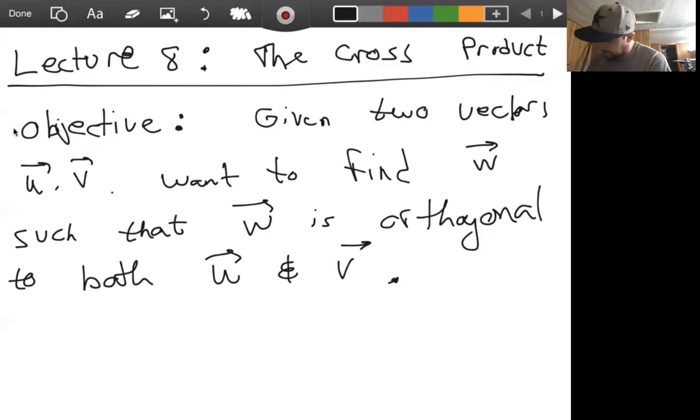So here's our goal, or here's the objective. Let's say we have two vectors here, u and v.